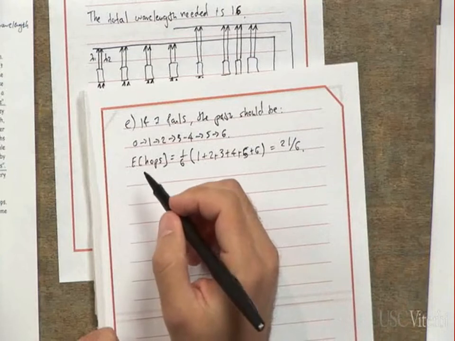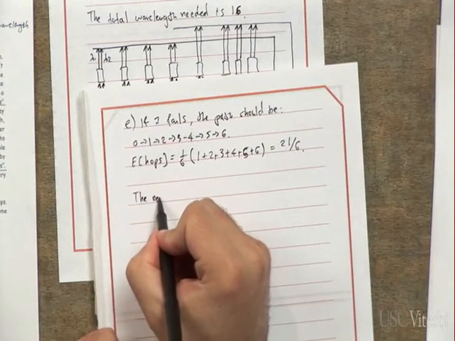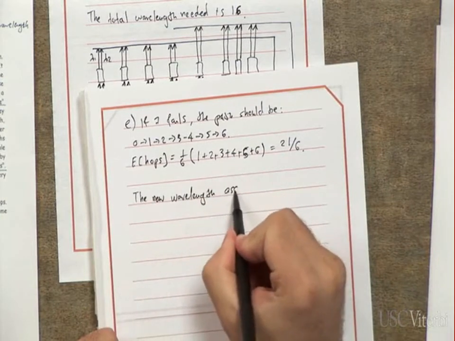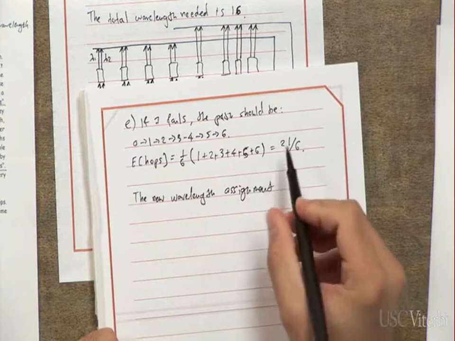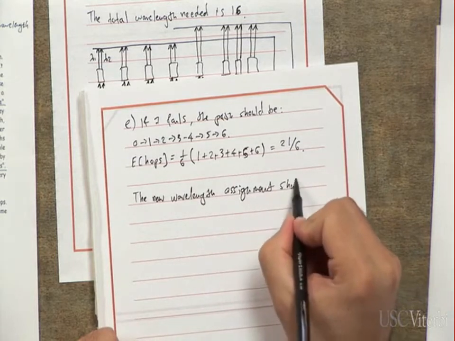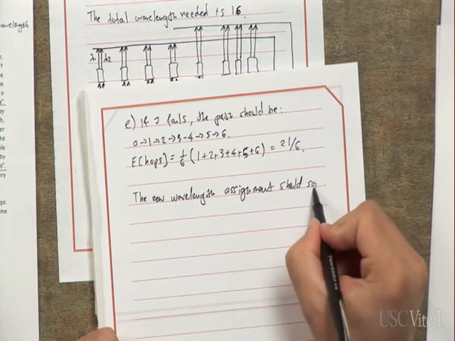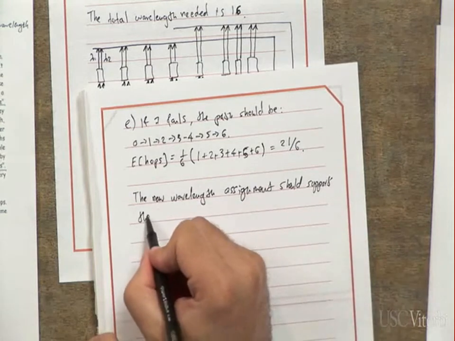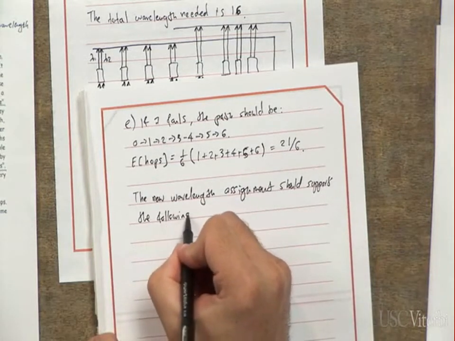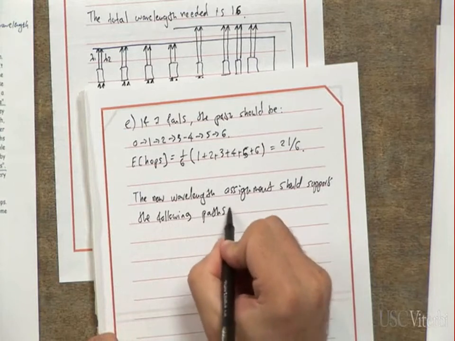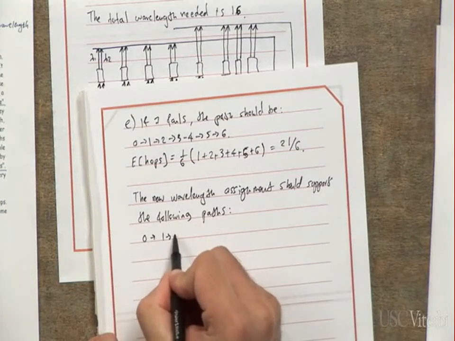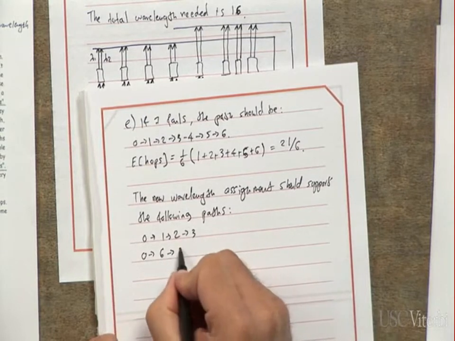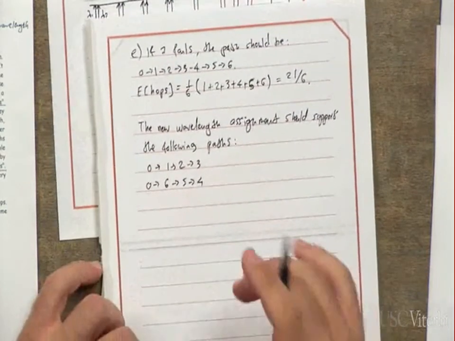So the new wavelength assignment should support the following paths: 0, 1, 2, 3, and 0, if you want to go to 6, 5, 4. Okay?